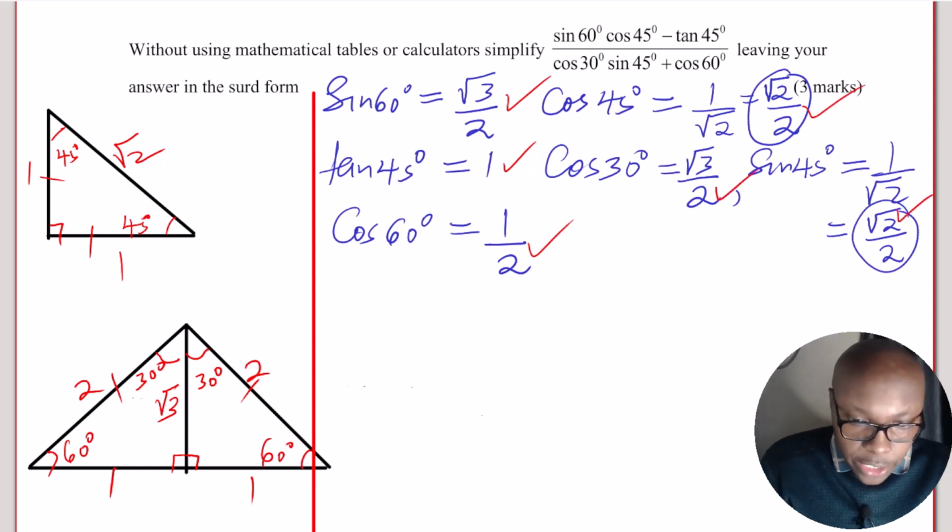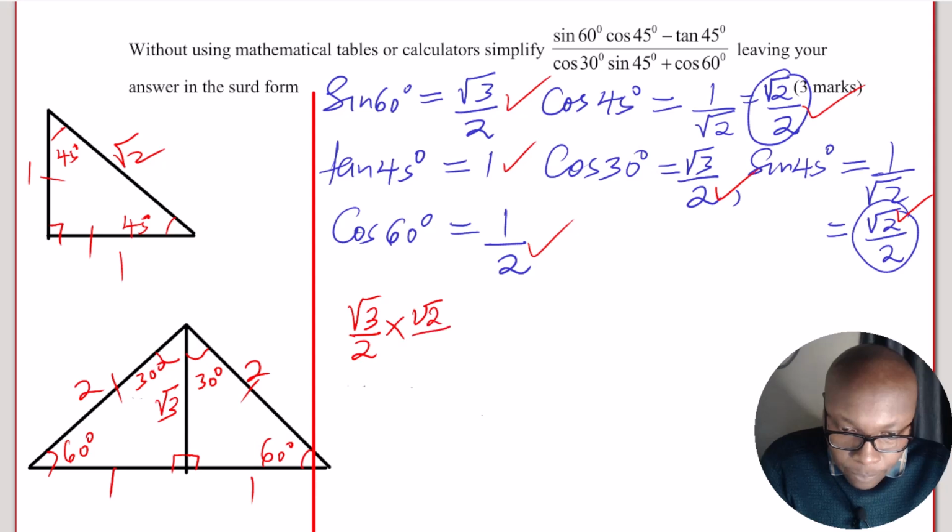We can substitute them. So we go to the numerator. Sine of 60 is root 3 over 2, multiplied by cosine of 45, which is root 2 divided by 2. Then subtract tan of 45, which is 1, just substituting.